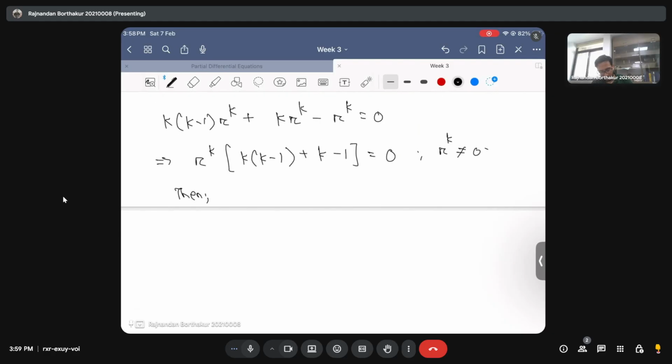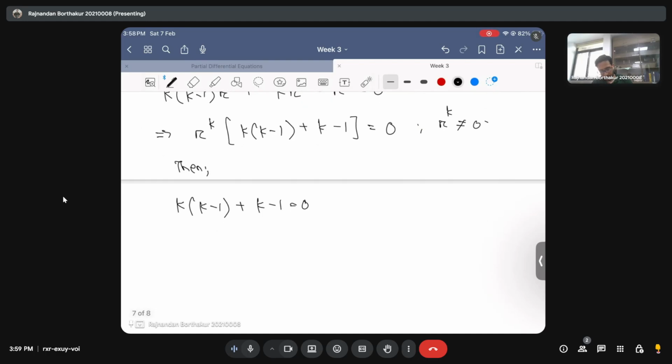Then the only possible solution is that k(k-1) plus k minus 1 is equal to 0. If you evaluate the value of k, it is k squared minus k plus k minus 1 equal to 0, and from here you will get k equal to plus and minus 1.